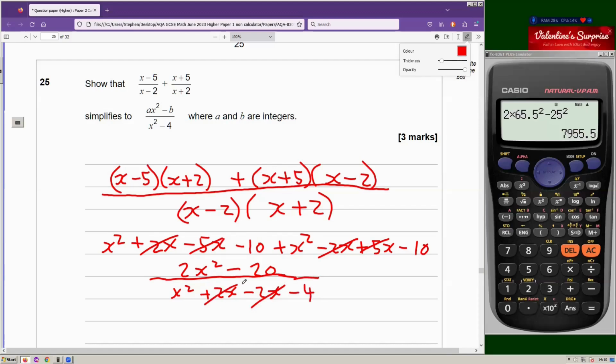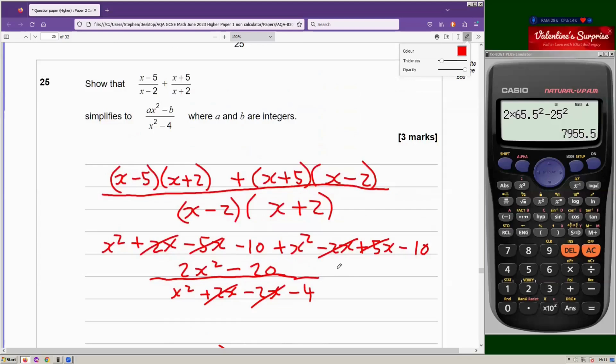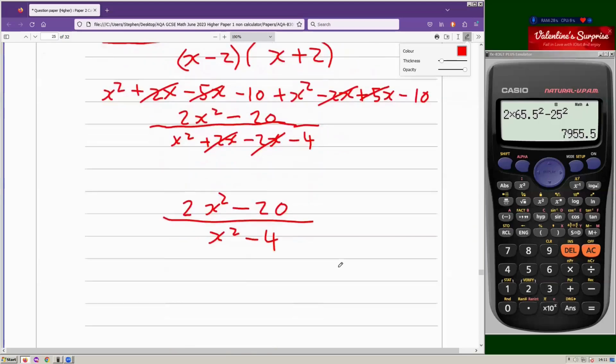They disappear. So that simplifies to 2x squared minus 20 over x squared minus 4. They just wanted us to show it, so that's what we've done.